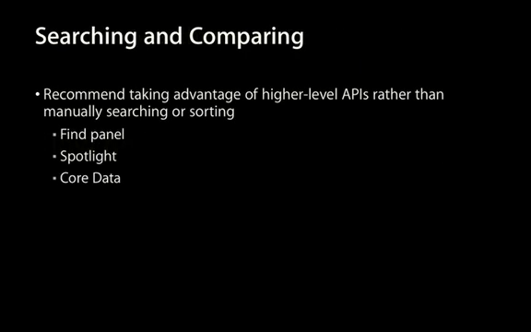When you try to answer these questions and consider searching or comparing string values manually, please take a look first at higher level APIs. FindPanel, Spotlight, Core Data, and other data management frameworks in the system have built-in facilities for sorting, searching, and filtering.